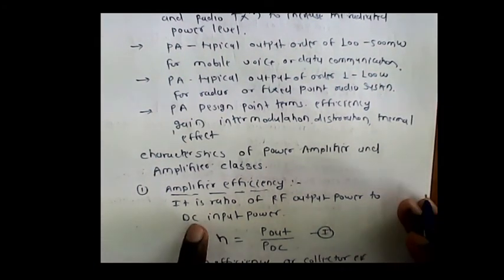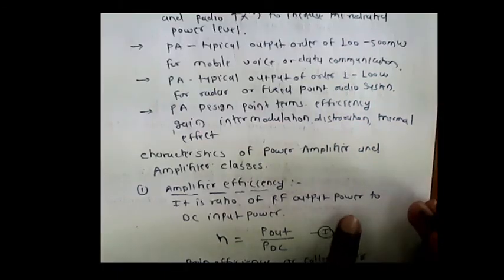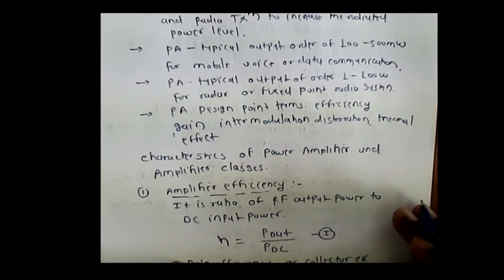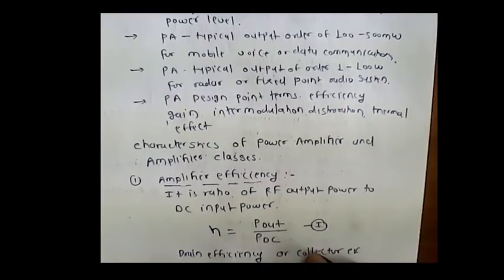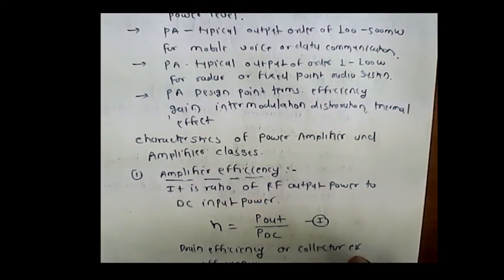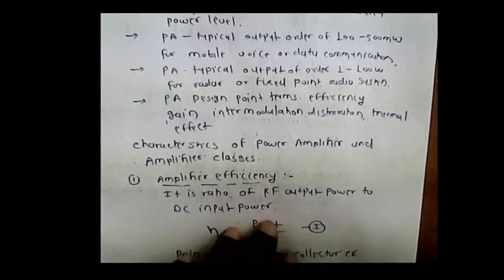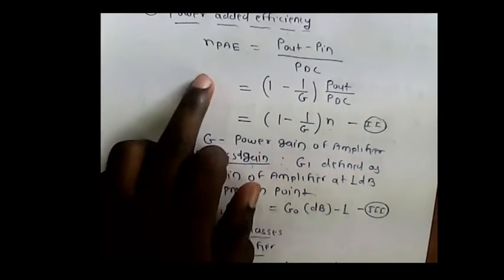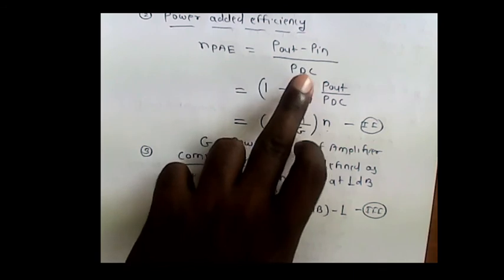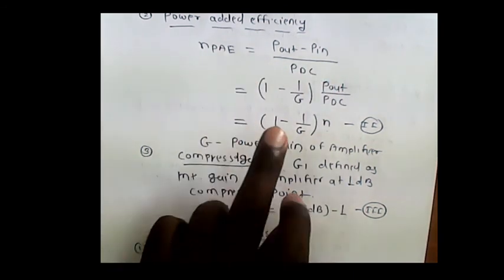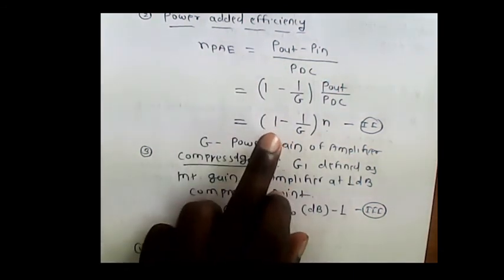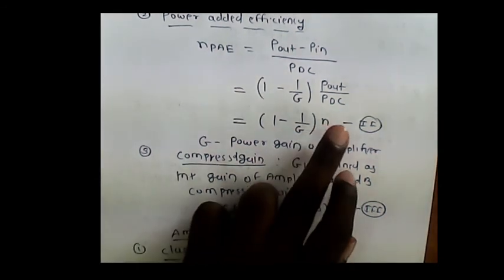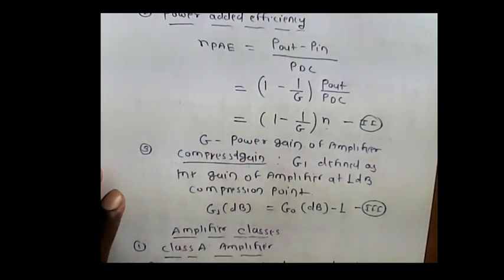Amplifier efficiency is the ratio of RF output to DC input power. So eta is equal to P out divided by PDC. This is the first equation. It is also called drain efficiency or collector efficiency. The second one is power added efficiency, which is the ratio of P out minus P in divided by PDC, or in terms of the gain, (1 minus 1/G) times eta, where eta is the power amplifier efficiency and G is the gain of the power amplifier.